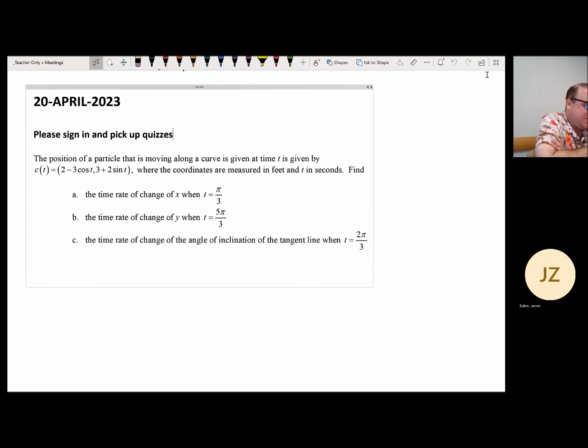I want to do three things. Find the time rate of change of x when t is pi over 3. The time rate of change of y when t is 5 pi over 3. And the time rate of change of the angle of inclination of the tangent line when t is 2 pi over 3.